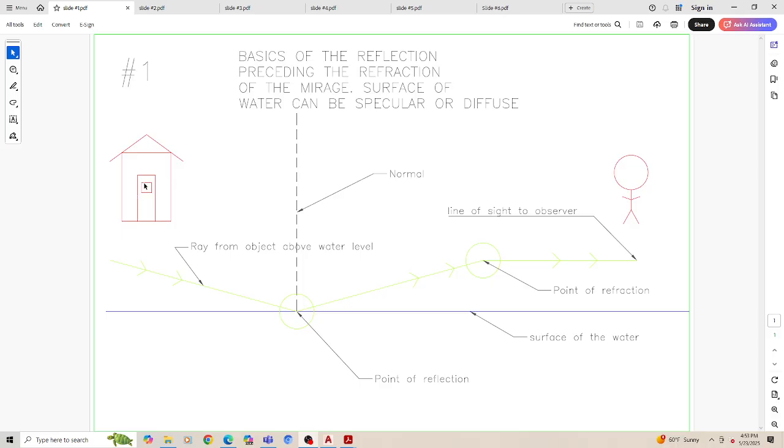But as far as reflections off the surface of the water, that light is also traveling down towards the surface of the water, and it will reflect at an angle of reflection heading back up.